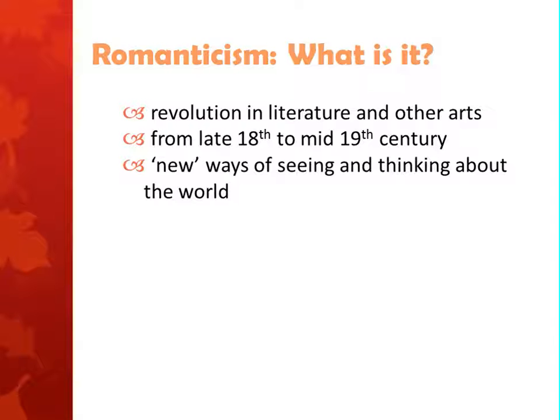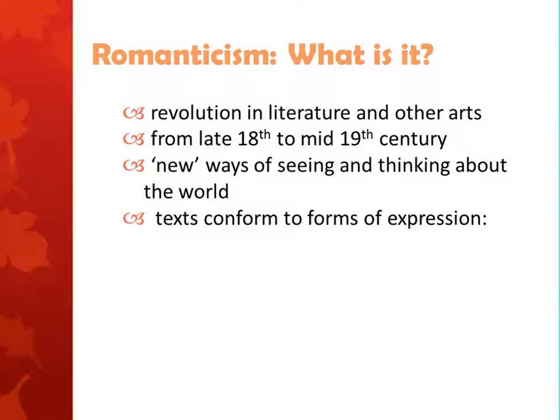The word romantic did have different meanings across the ages. And in the 17th century, it certainly had connotations in literature and art that conformed to forms of expression that were particularly imaginative. They bordered on fictitious and were extravagant.